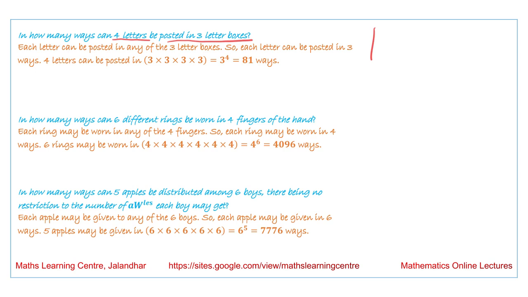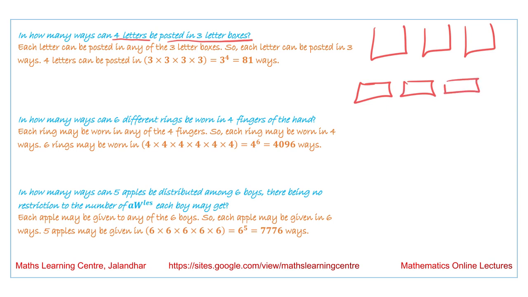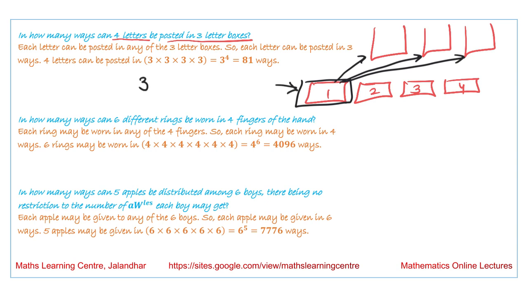So we have these 3 letter boxes and we have 4 letters. This is 1, 2, 3 and 4. Now the first letter can be posted in any one of these 3 boxes. So the number of ways of posting the first letter is 3.